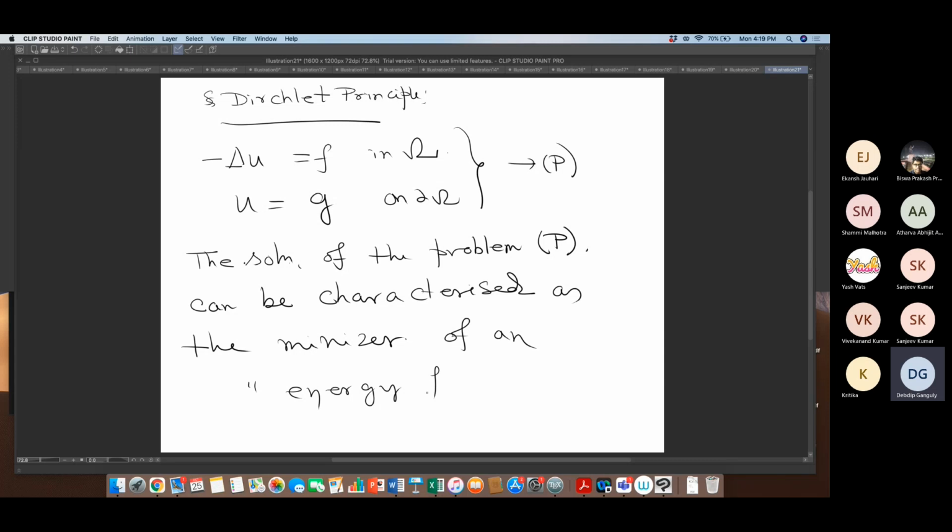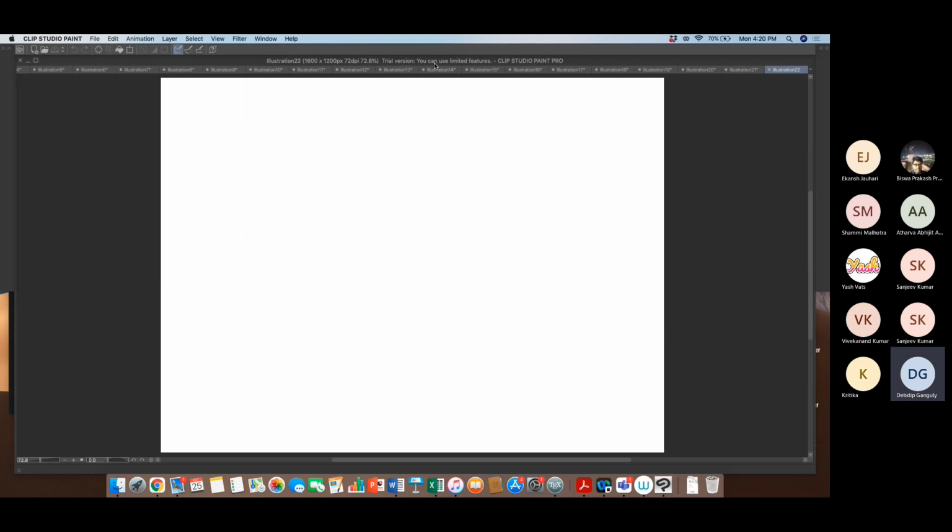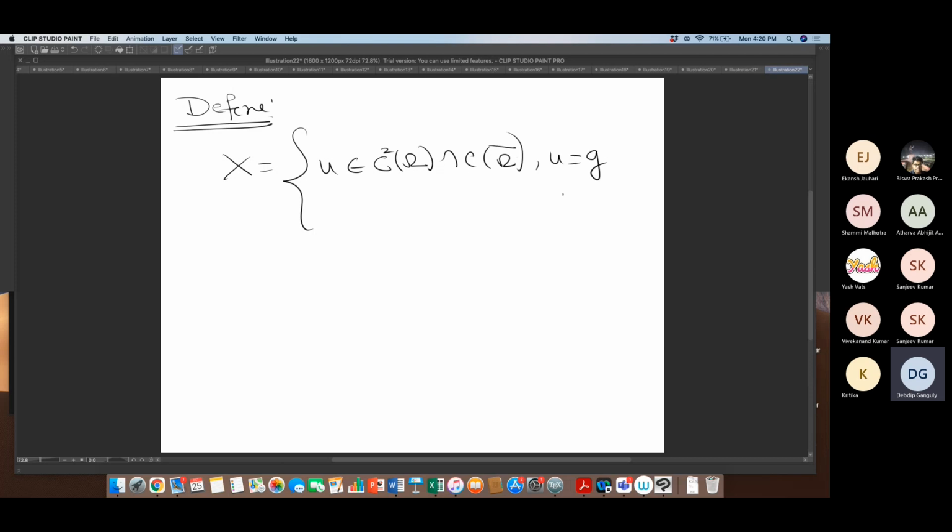What is the meaning? I will tell you. Don't worry. What is that? It is the following. Define a function space. U is in C2 omega intersection C omega closure, and u equals g on del omega.